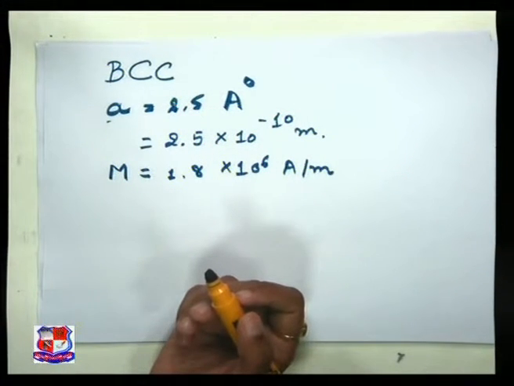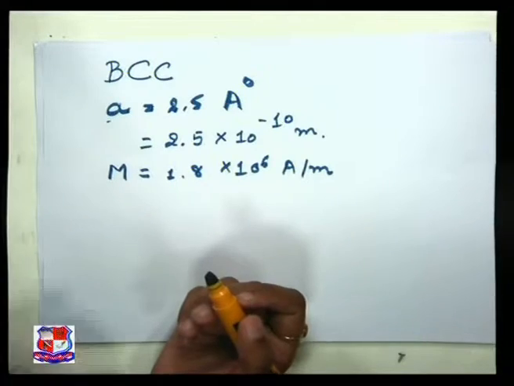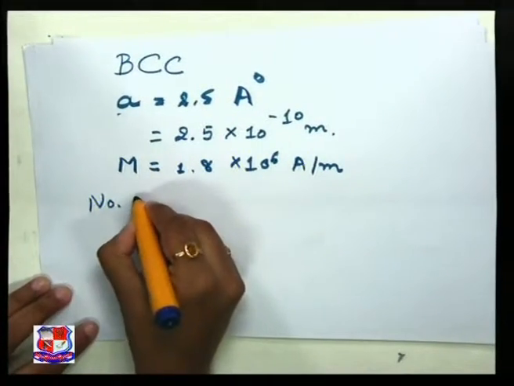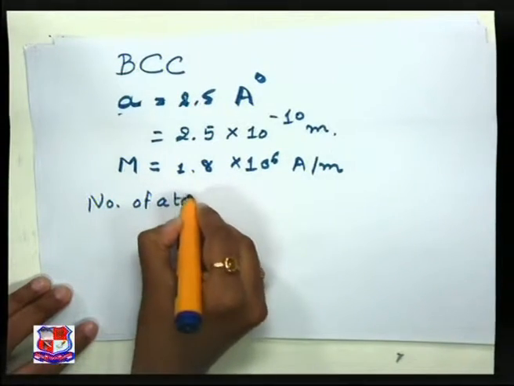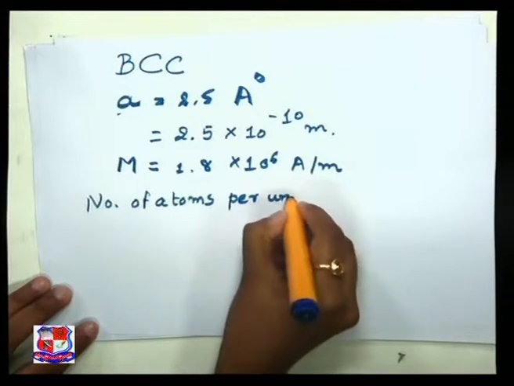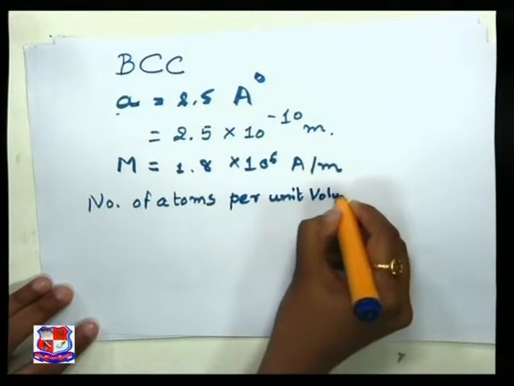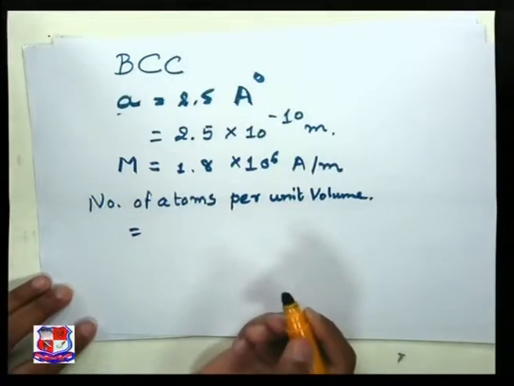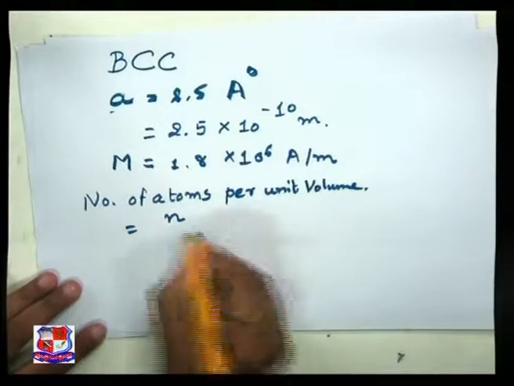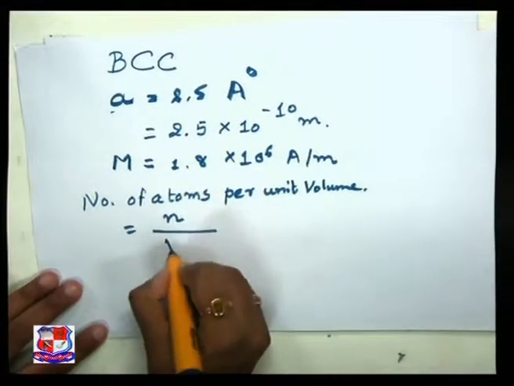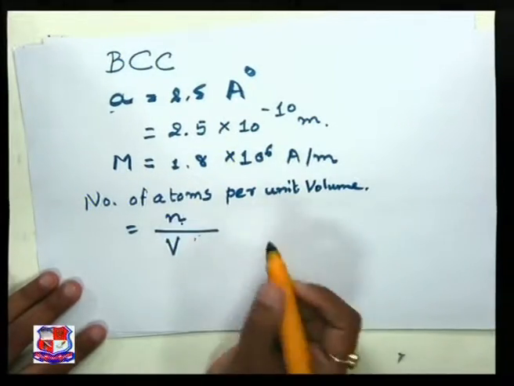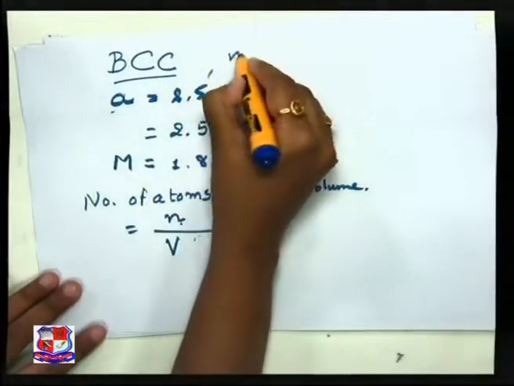What do we mean by this? We discussed the Bohr magneton, right? Now, the number of atoms per unit volume. What is the equation for this? You may have studied earlier that it is the number of atoms in the unit cell divided by the volume of the unit cell. The volume is a cube, and small n for the BCC structure is 2.